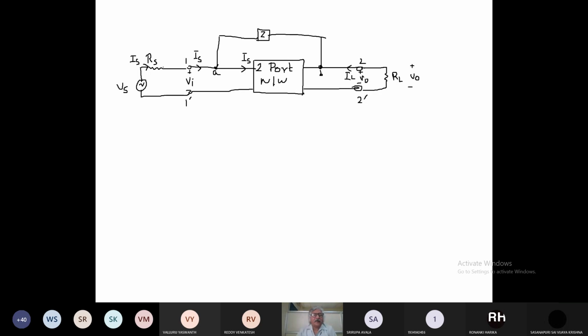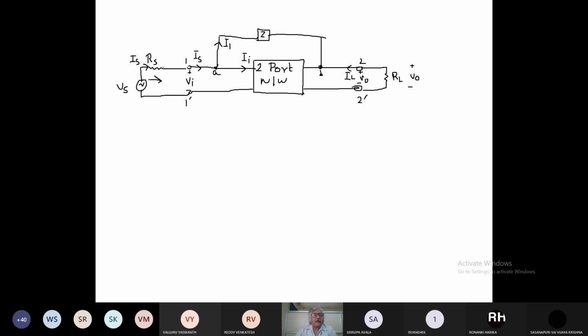This current Is is split at junction A into two parts. This is the input current I, and at junction A it is divided into two parts: one is I1, going through this Z, and the other is the input current.